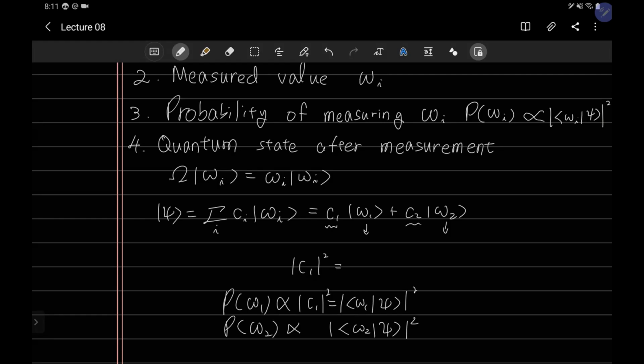Let's assume that in our first trial, we measured omega-2. Then if right after your measurement you try to measure the same quantity one more time, is it more natural to obtain omega-1 or omega-2? Probably omega-2 again.